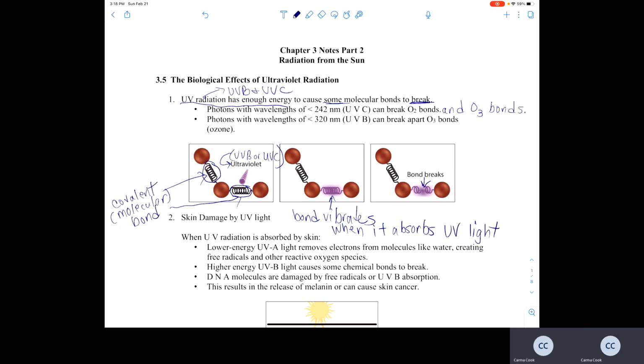And so that vibration, as more and more of the UV light is absorbed by the bond, the vibrations get stronger and stronger until the bond finally breaks.